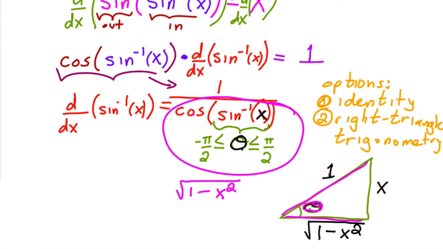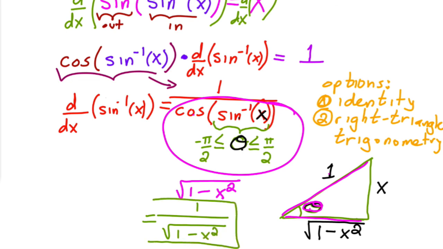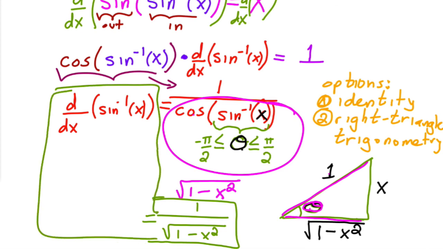So then what that tells me is that the derivative of inverse sine is equal to 1 over the square root of 1 minus x squared. Ooh. That's it.